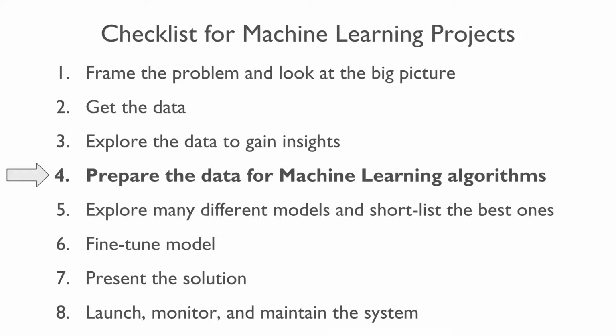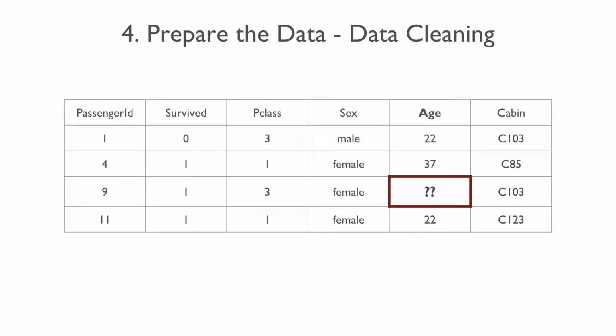The next step in the checklist is to prepare the data for machine learning algorithms. In this step, we clean the data. The data might have missing values. For example, the age for passenger 9 is missing. The algorithm that we apply may not work with these records having missing values.